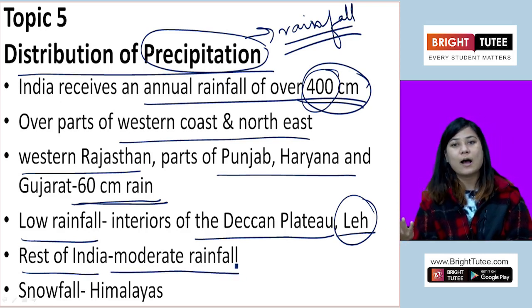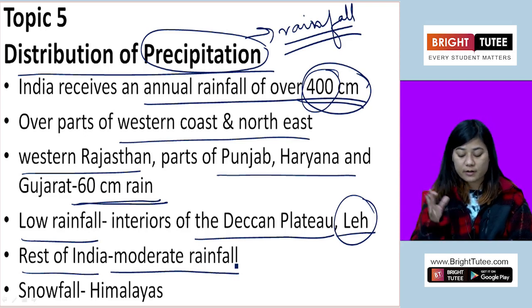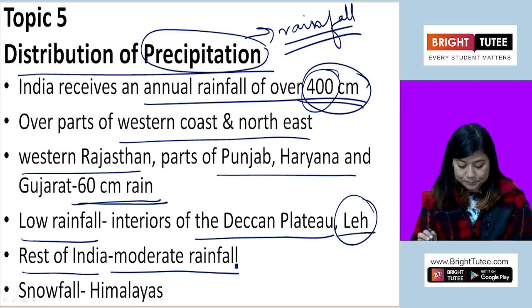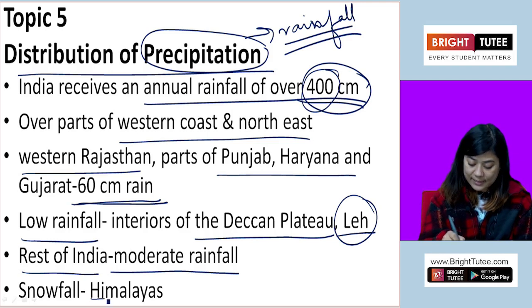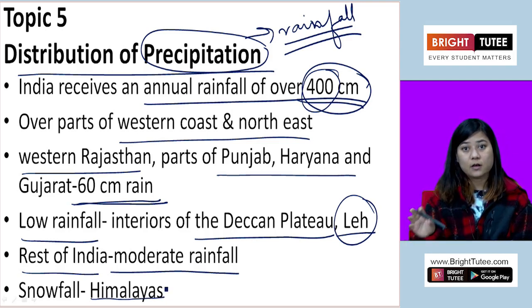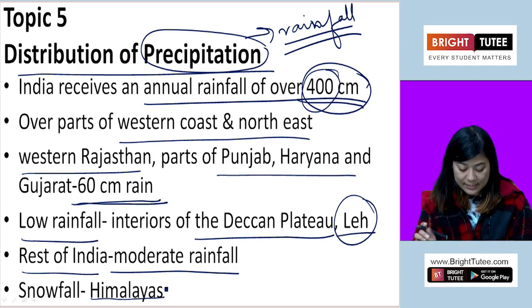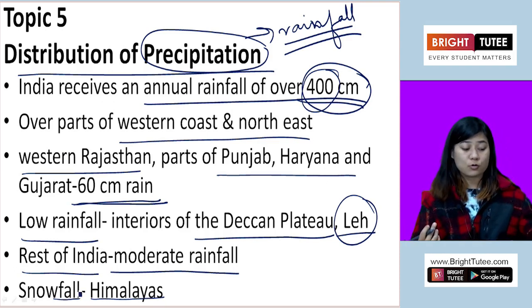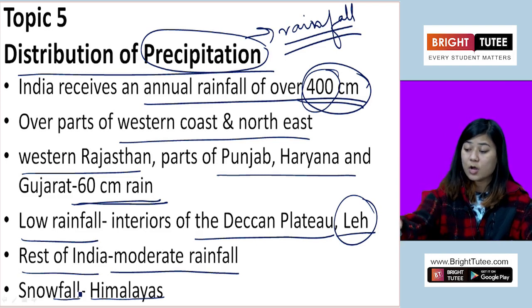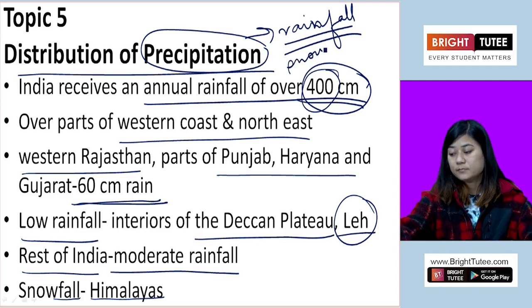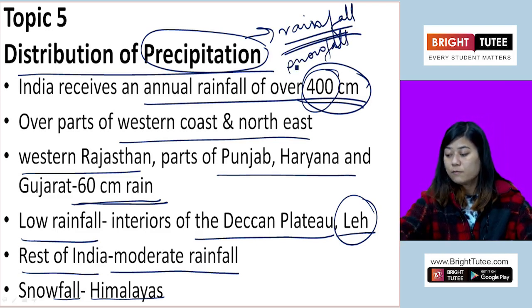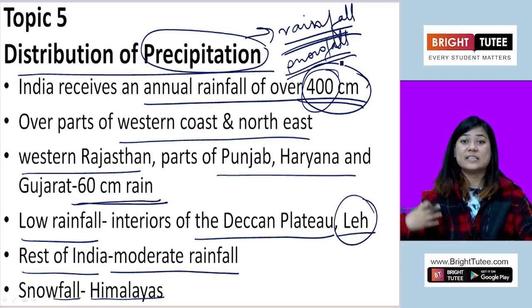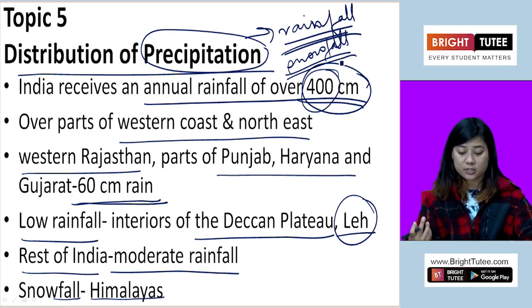It is not so high, not so low. The rainfall is moderate. Now, the areas located in the Himalayas receive snowfall. They experience snowfall, and that is also precipitation. So snowfall and rainfall all come under precipitation.